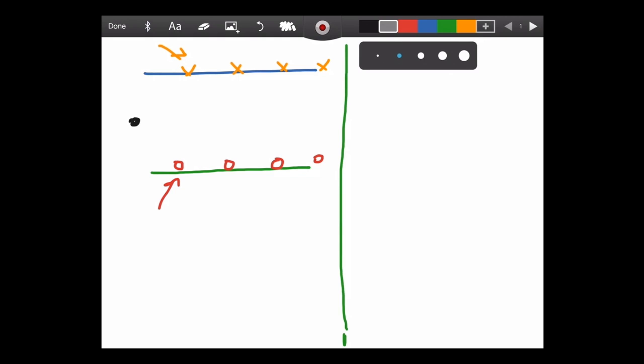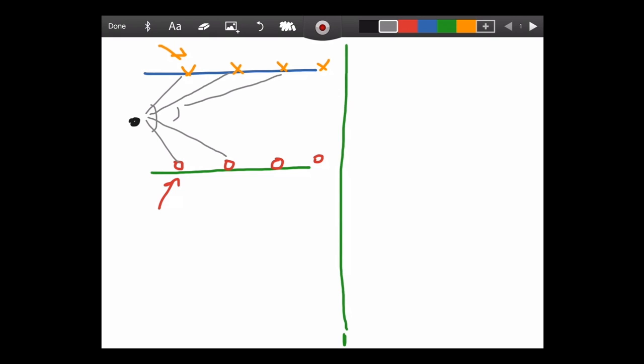Now, if we look at the angle that is formed as the eye looks at the beach ball and the star, it's actually quite wide at first. As the objects become more distant, that angle decreases. And then eventually, it will approach 0.